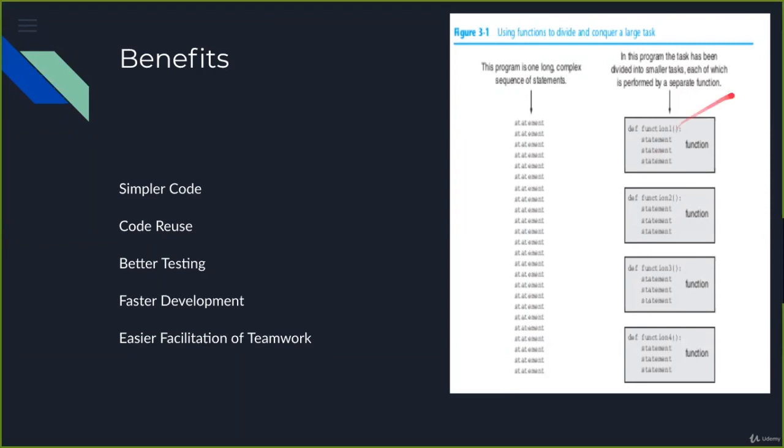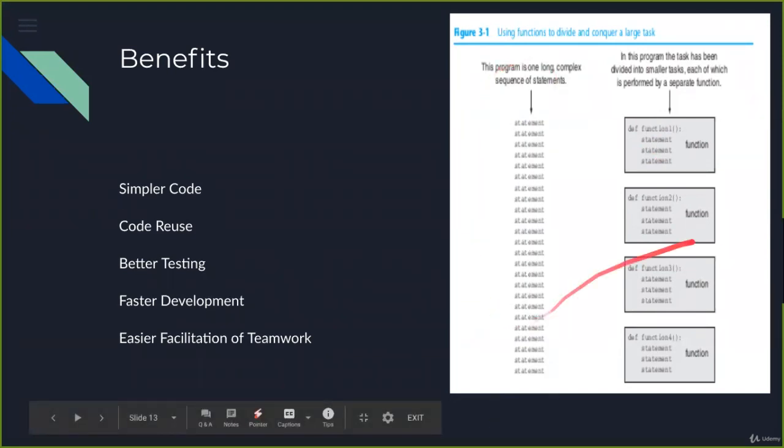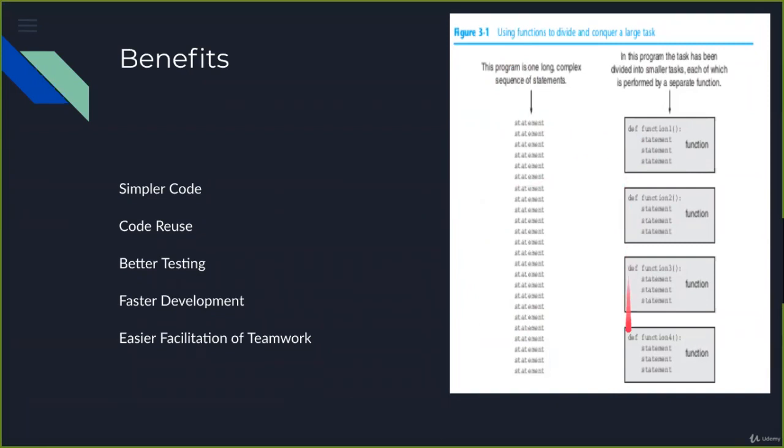All you need to remember is how you can declare a function and the purpose of a function. It is simply to divide your entire piece of code into different blocks. I have this as my entire piece of code, and I would like to divide it into 4 blocks.